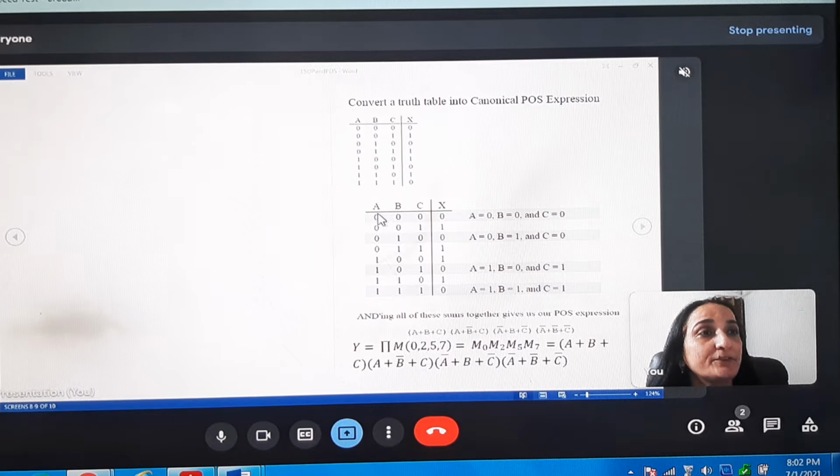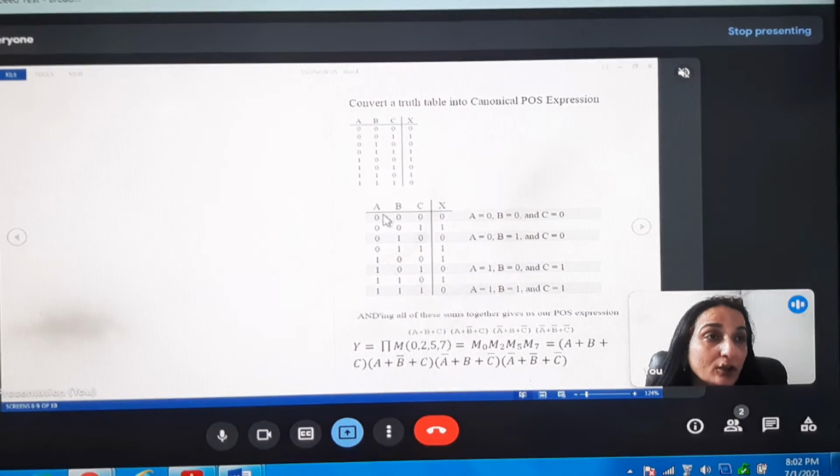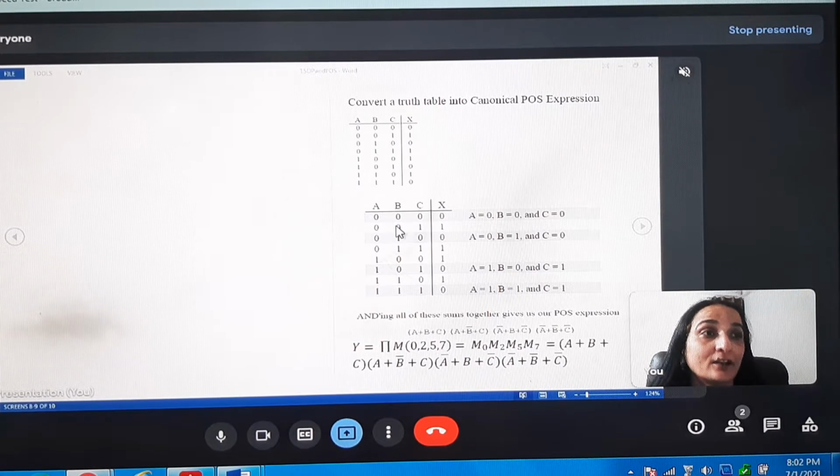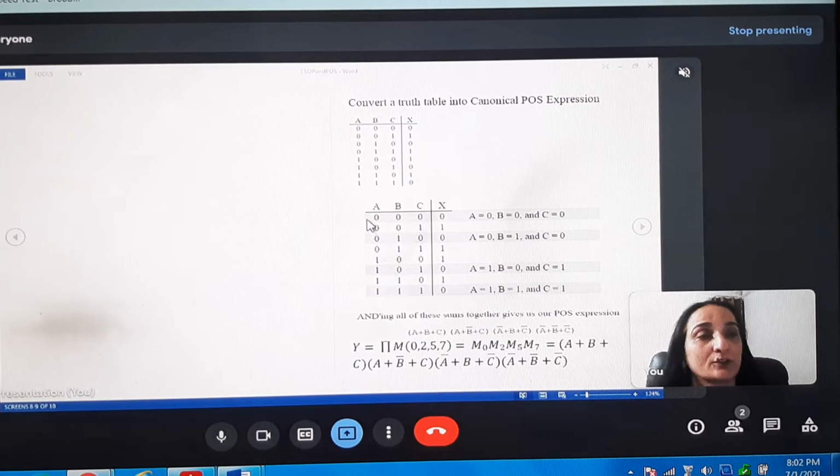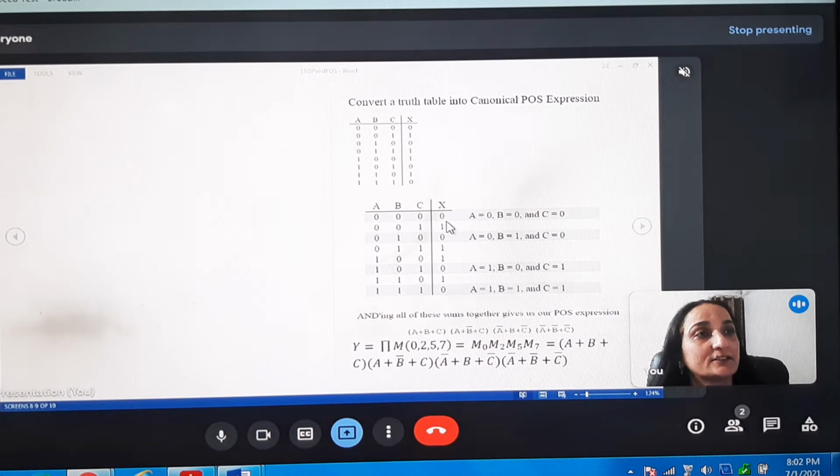If the value of the variable is 0, it will be written as it is, that is in uncomplemented form, in a sum term, fundamental sum term or max term, because we need to make the sum of all variables equal to 0.